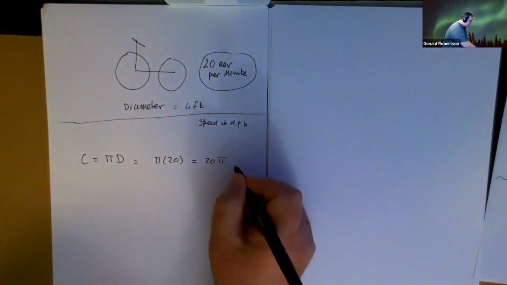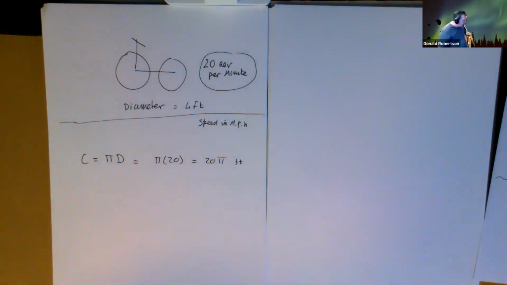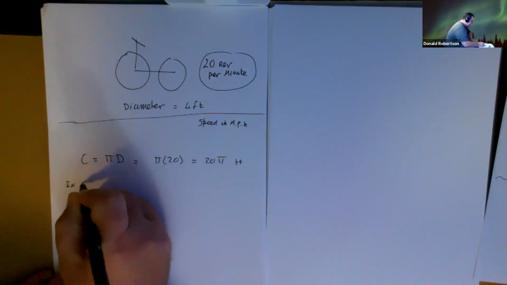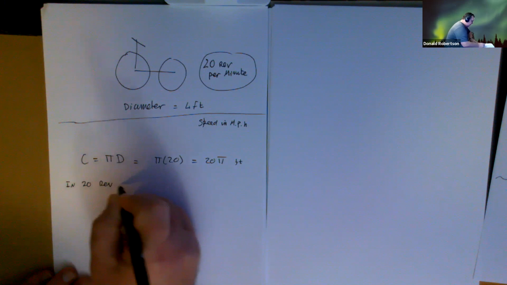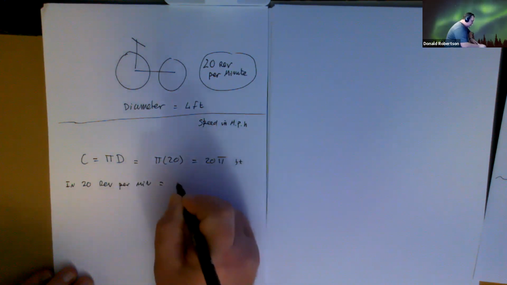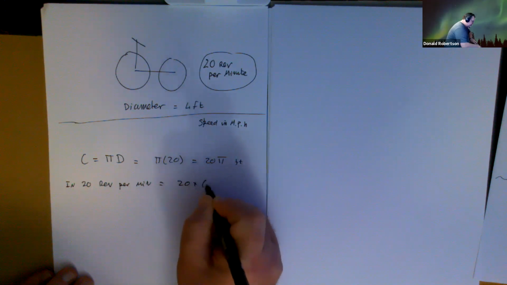And the units are still in feet, right? So in one turn, 20 feet. That's actually quite a big wheel then. Second, in 20 revolutions per minute, you will get 20 times this.